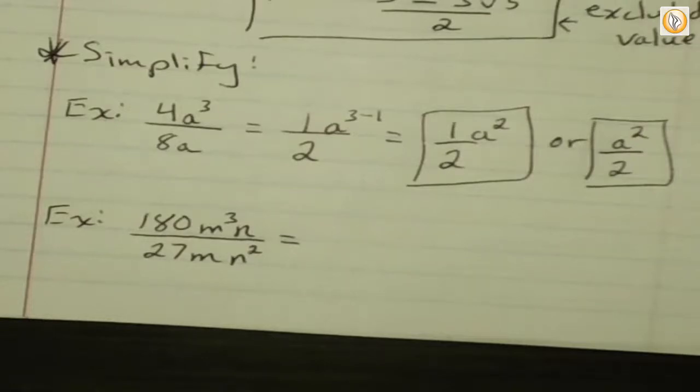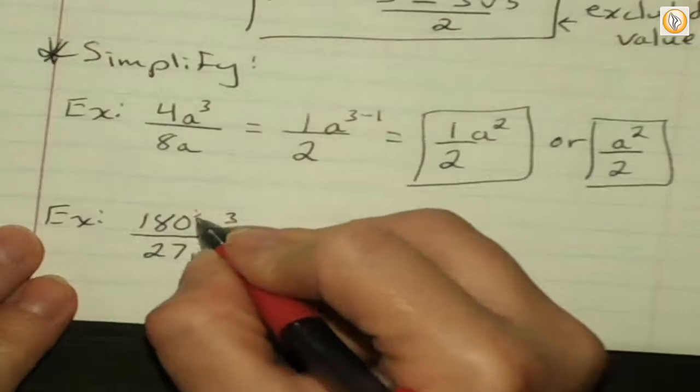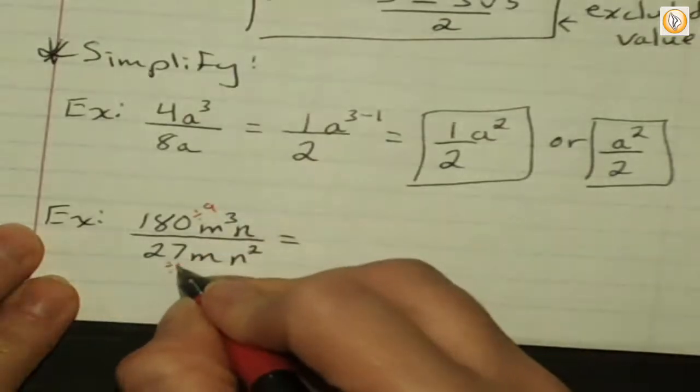Sophia, what number can go into 180 and 27? 3. Is there a bigger one? 9. Okay, so we can divide both numbers by 9.